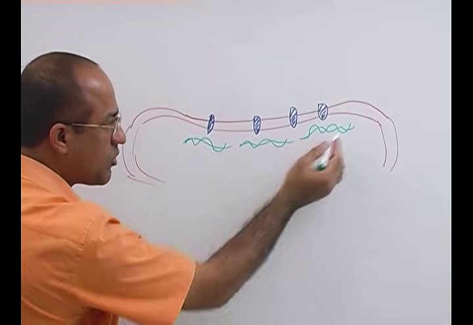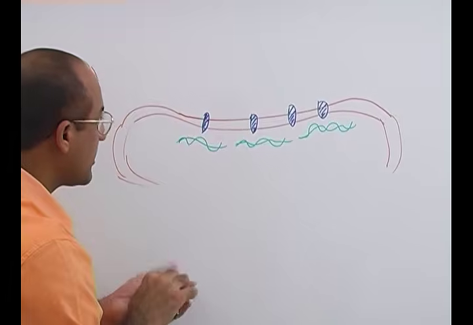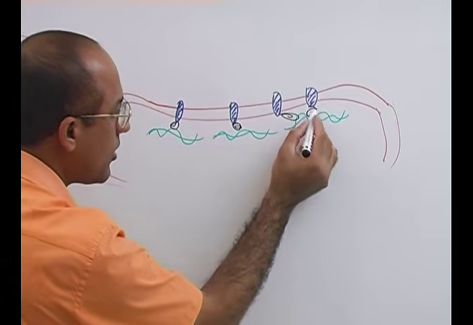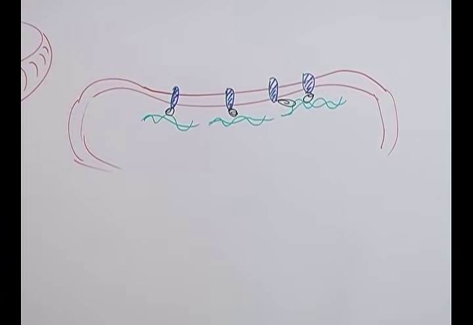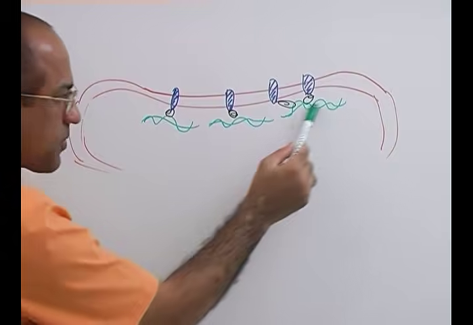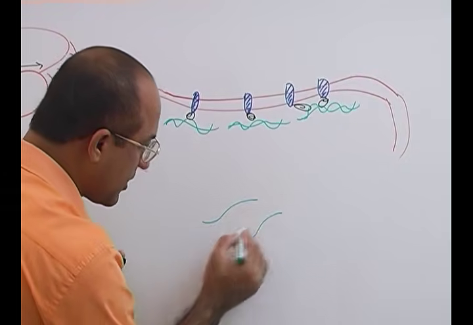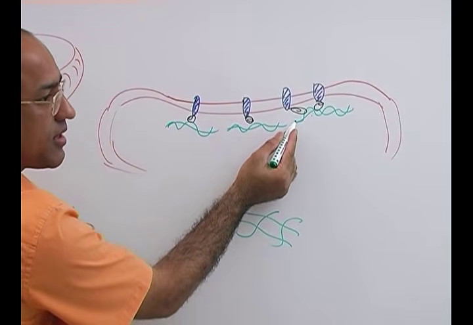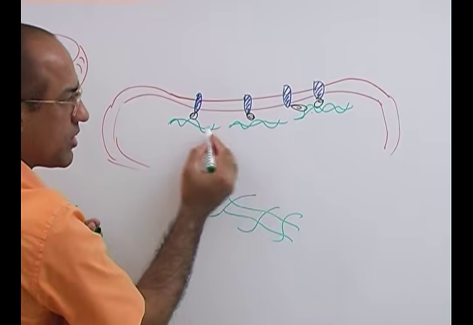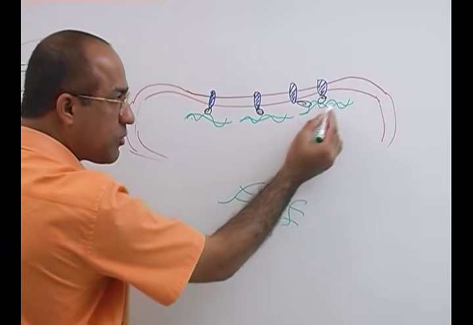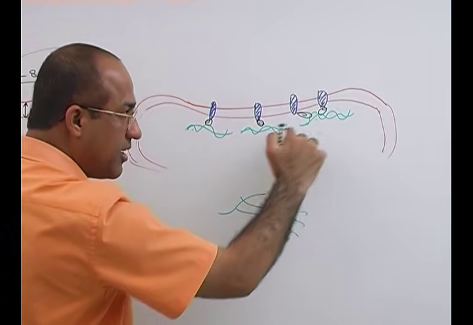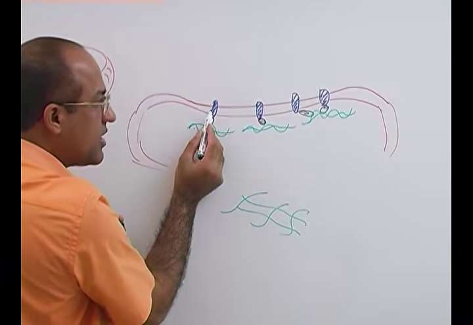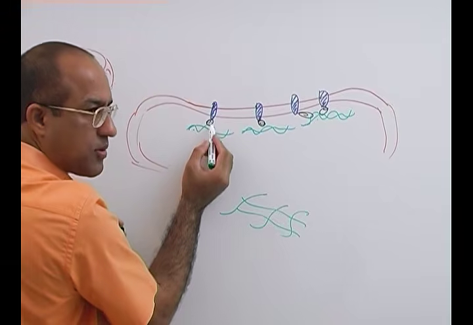These proteins make a network, and this network is held and attached with membrane proteins. What is the purpose of this network of proteins? There is a network of proteins on the inner side of the RBC membrane, and this network is connected with the membrane through multiple proteins.